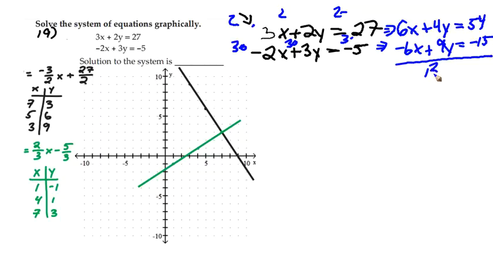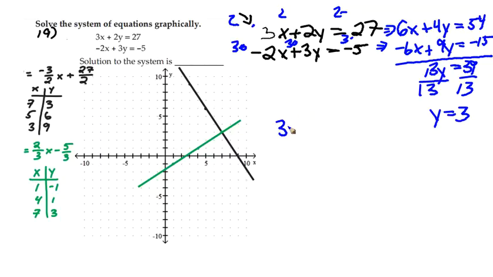It's going to give me 13y equals 39. I divide by 13, divide by 13, and y equals 3. I plug that back in, and then I'll see that I'll have a solution there of 7, 3. Let's see what we get here.